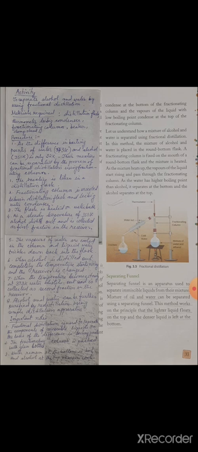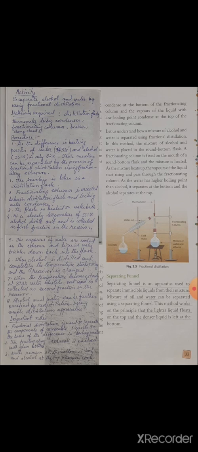With this process we can separate various things, like crude oil, which is known as petroleum oil, from which we can easily separate out petrol, diesel, lubricating oil, paraffin wax and so on.